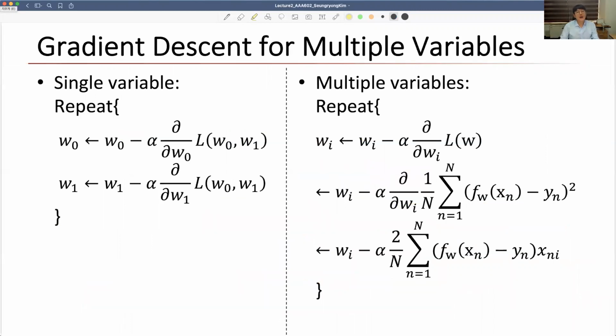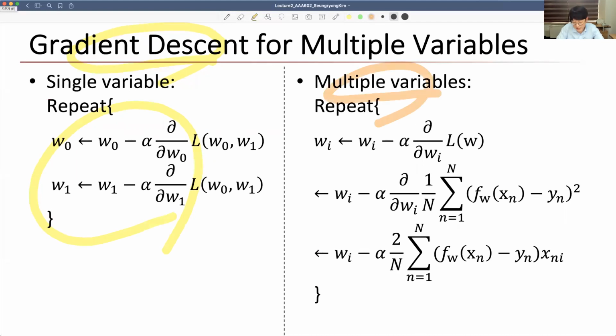Okay, so if you remember the gradient descent for the single variable case, it was something like this, right? But if we consider the multivariable case, it looks similar, but it is defined for each i, from 0 to T, where D is the dimensionality of the input space, right?